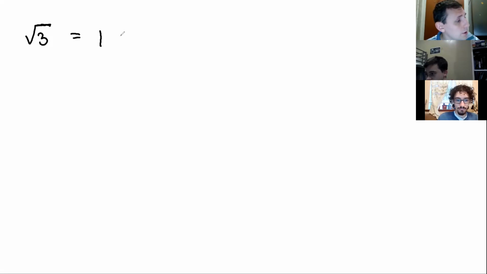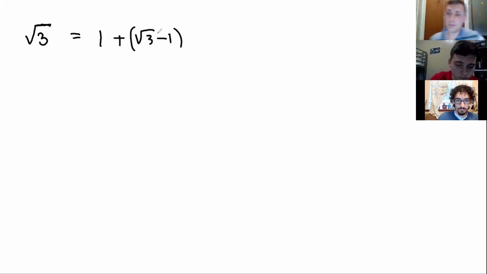It is 1 plus root 3 minus 1, right? Now I look at this object, root 3 minus 1. Can I create some sort of self-similar pattern?